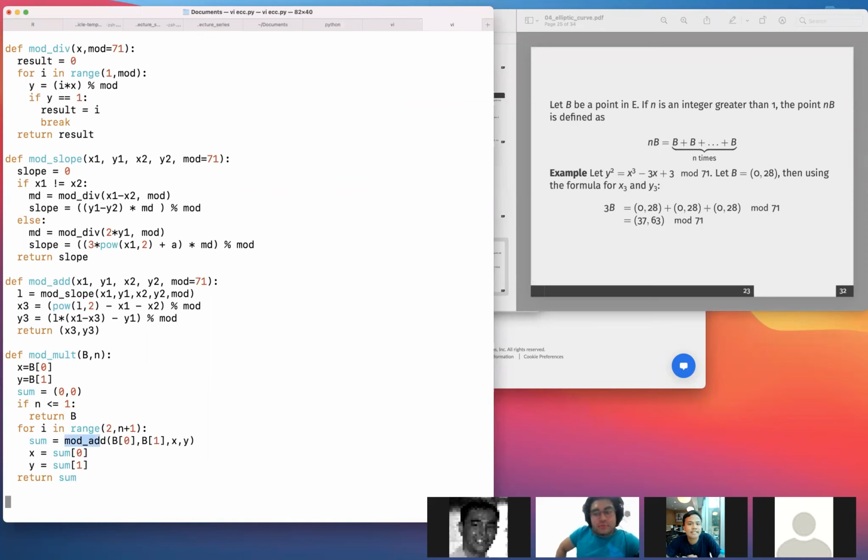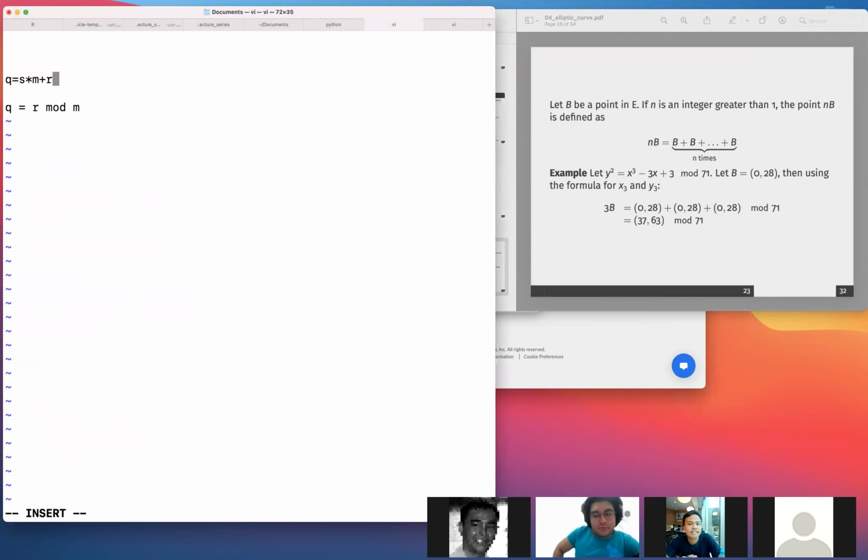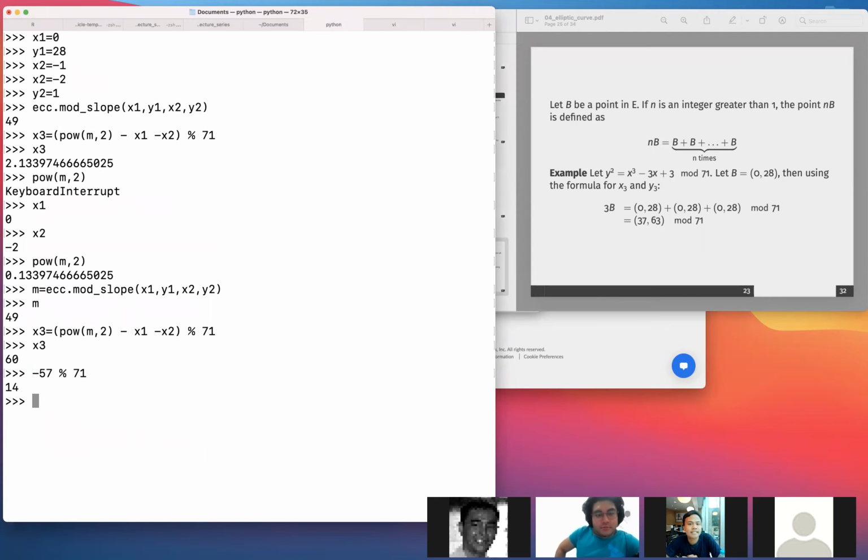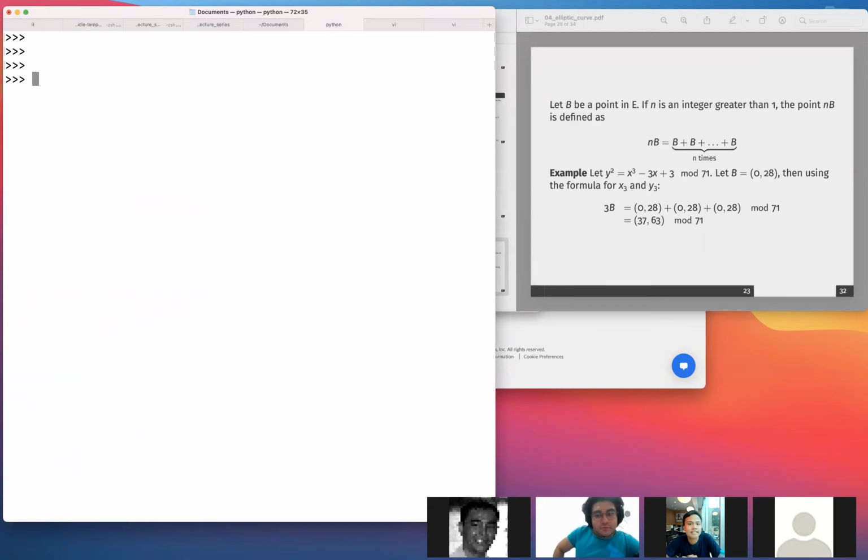Okay, so if we do that, we have B equal to (0, 28), then mod ECC mod mul B comma 3.